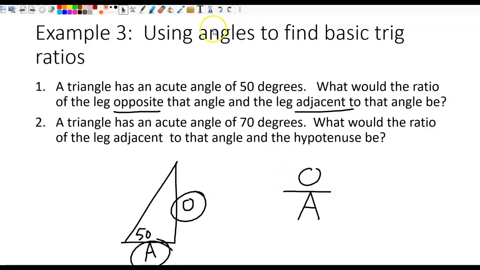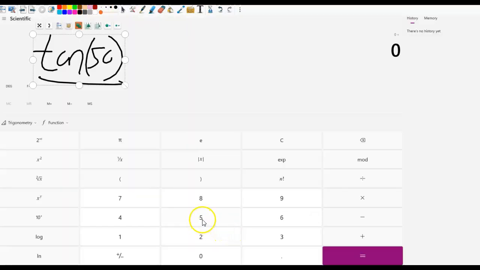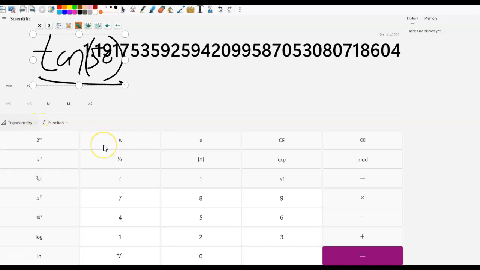All right, so based on O over A, they're asking me to find tangent, and they're telling me the angle is 50. So even though I don't know what O and A are, I know what their fraction is, because my calculator can tell me that. So I'm going to figure out what is tangent of 50. For me, I type in 50 and then push tangent.